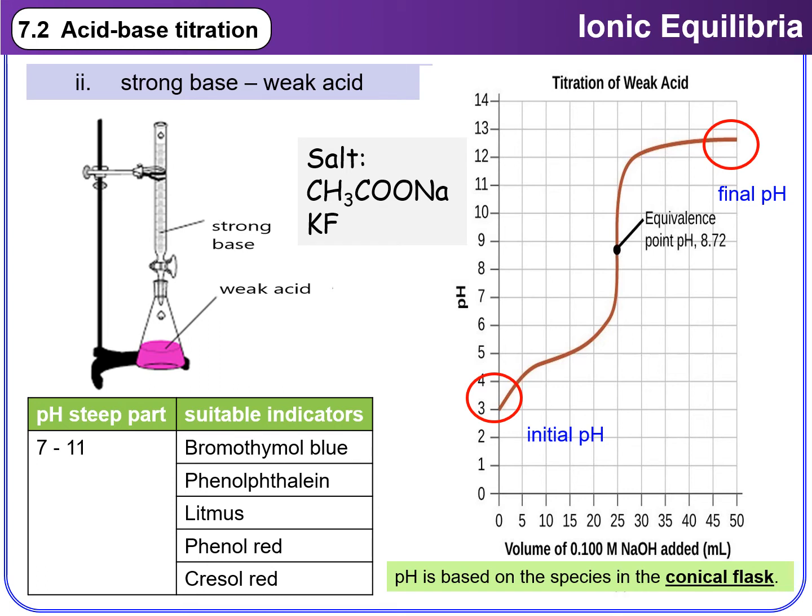The steep part is around 7 to 11 of the titration curve. The suitable indicators are bromothymol blue, phenolphthalein, litmus, phenol red, and also cresol red.